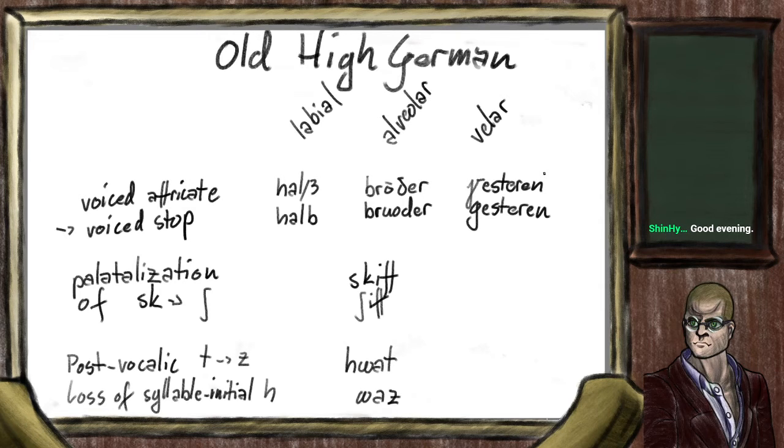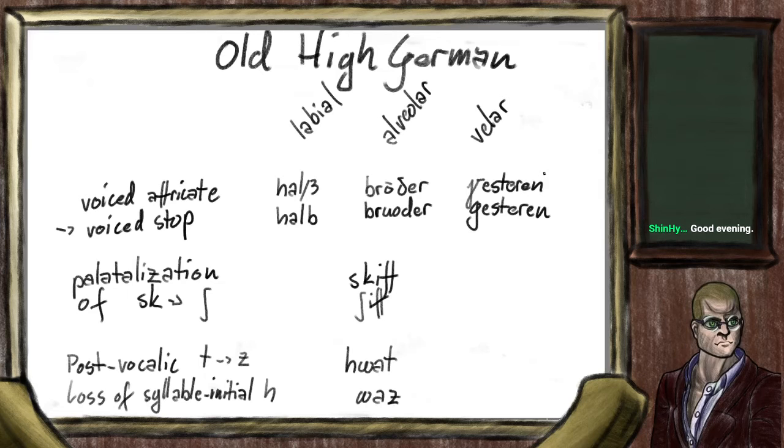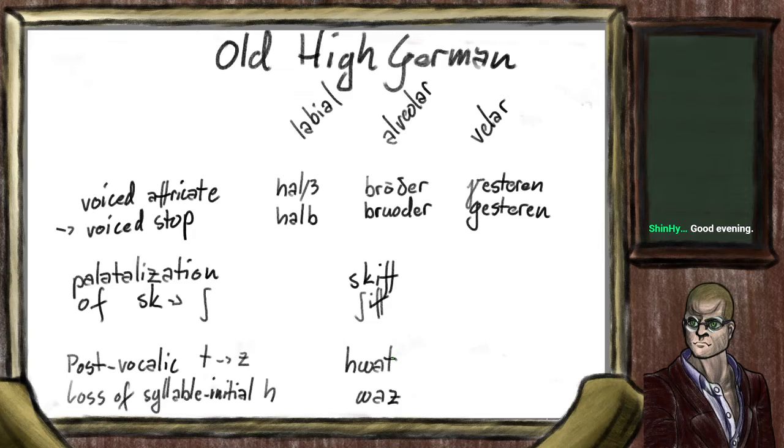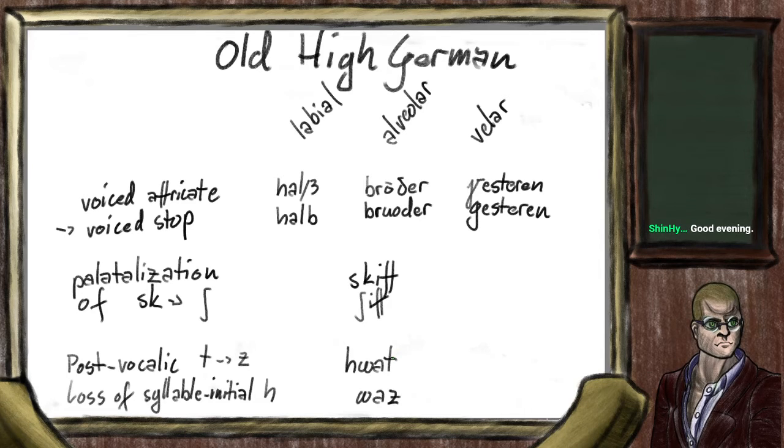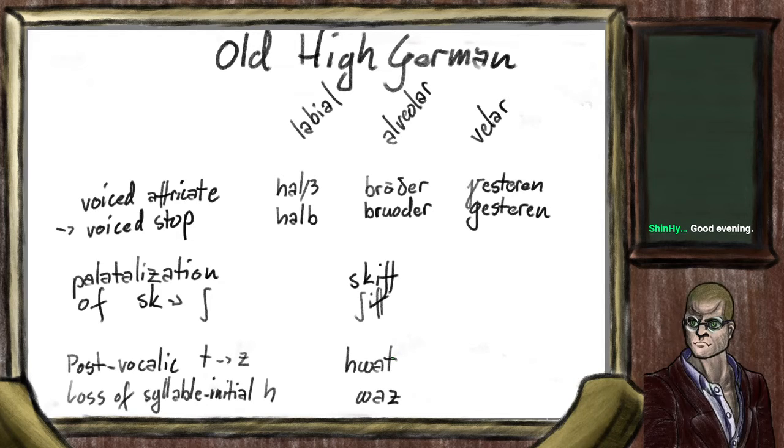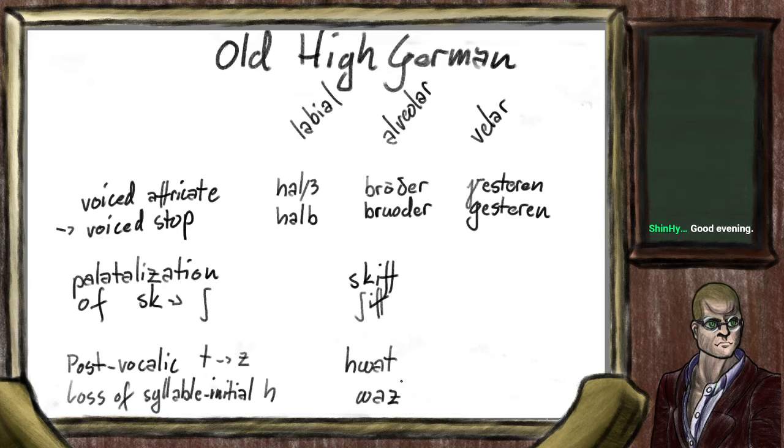And then a couple of changes that explain a lot of differences between English and High German vocabulary. So you have T, alveolar stop after a vowel becomes Z, the voiced sibilant, and syllable initial aspirants disappear. So what becomes what for a while, in the same way as in English, but then quickly the what becomes was.